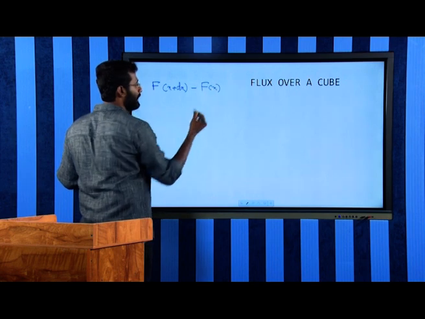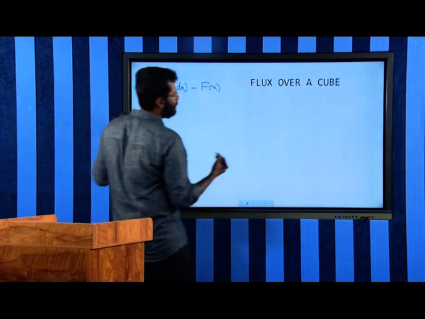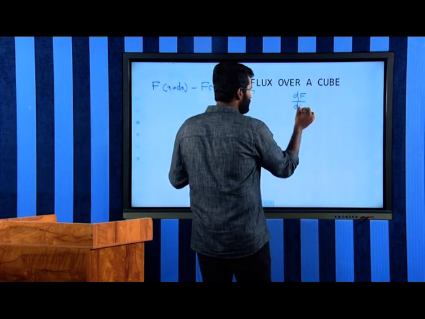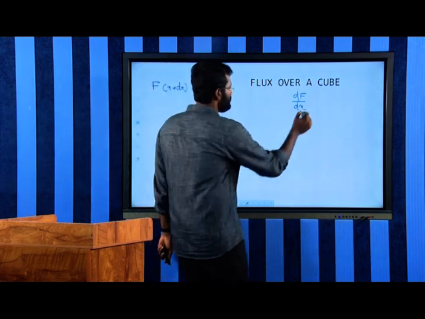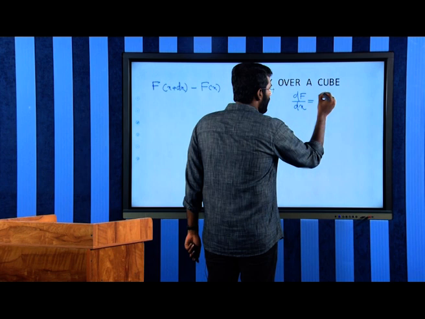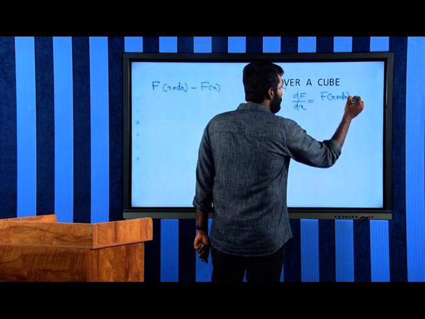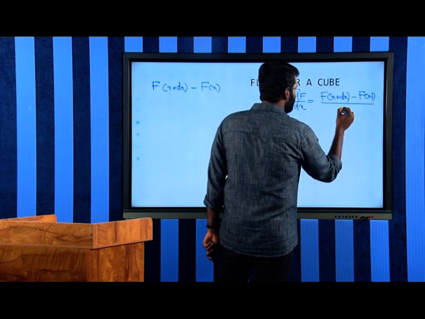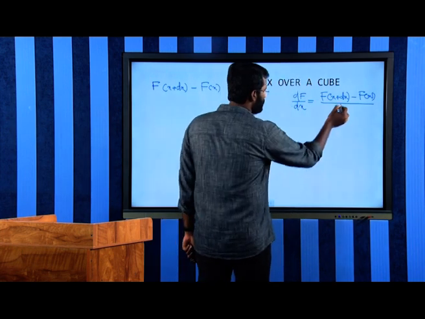It is something of that form, and we already learned in the +2 classes that df by dx, the derivative of the function f with respect to x, is equal to f of x plus dx minus f of x divided by delta x, or dx.